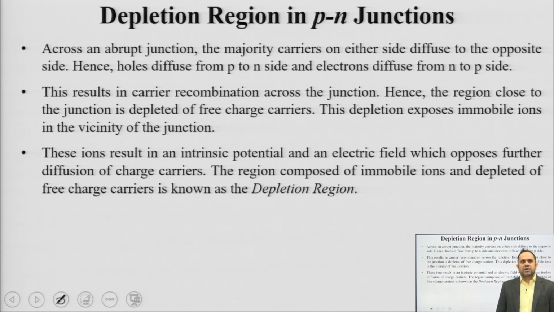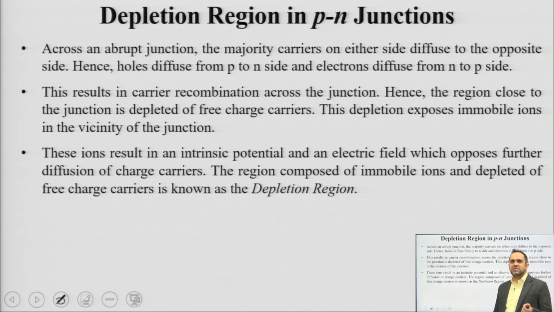Whenever we combine p and n region together, we basically mean that if you have one type of semiconductor, say p type, you diffuse opposite type of impurities, that is pentavalent impurities deposited on a p type semiconductor. This will cause opposite type of doping to be developed, and a junction will be created between a p type and an n type semiconductor.